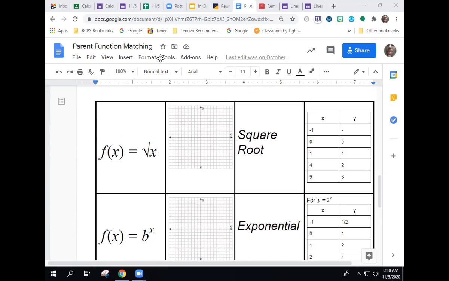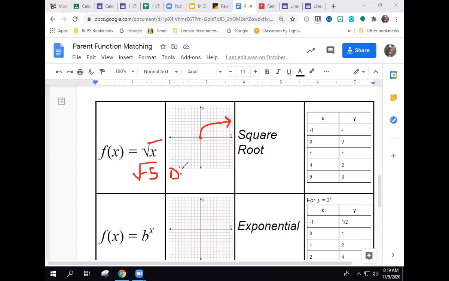Square root. Hey, Turner, welcome. The square root is going to start like this. Now think about our domain all of a sudden. You can't take the square root of -5, okay? If you take the square root of a negative number, you're going to get an error message in your calculator. So now your domain is restricted, and your domain has to start at 0.